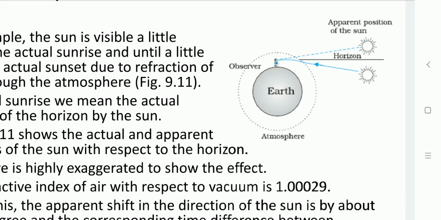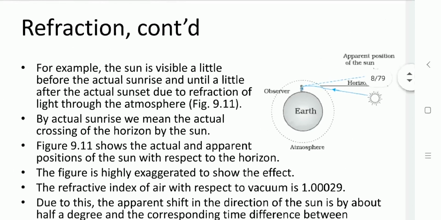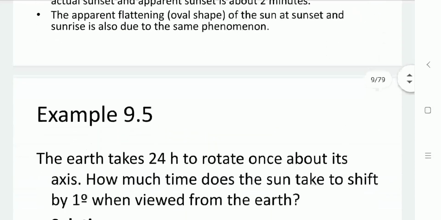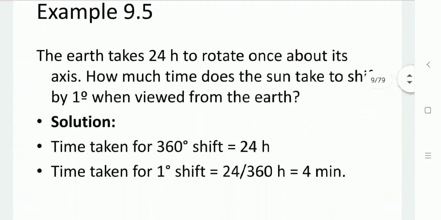This can be understood with this example: Earth takes 24 hours to rotate once about its axis. How much time does the sun take to shift by 1 degree when viewed from the Earth? While the Earth rotates, it requires 24 hours to shift 360 degrees. So to shift 1 degree, 24 by 360 hours, that means 4 minutes are required.